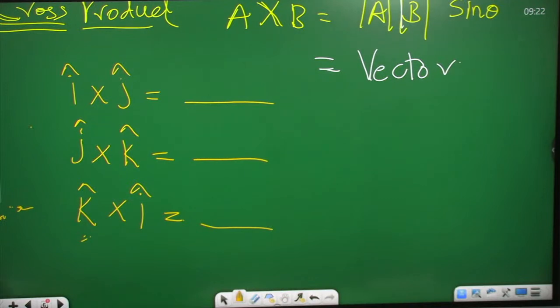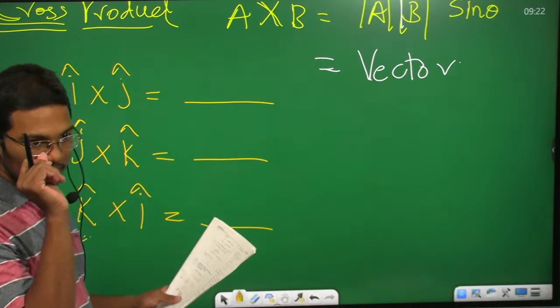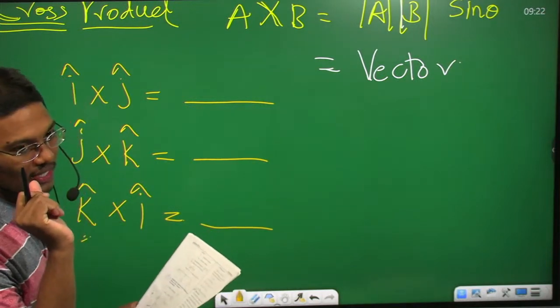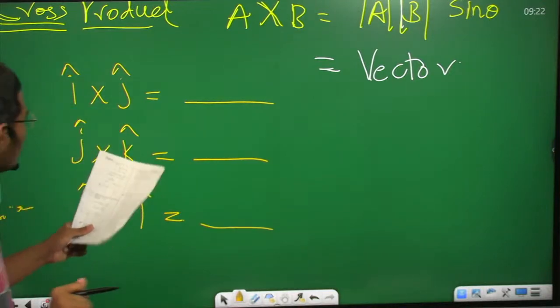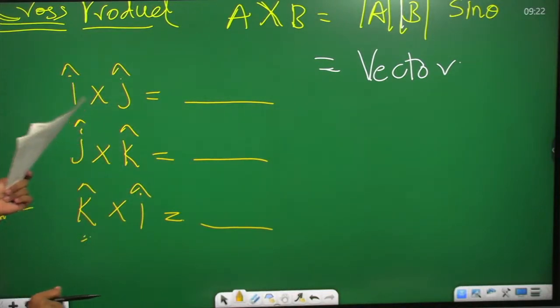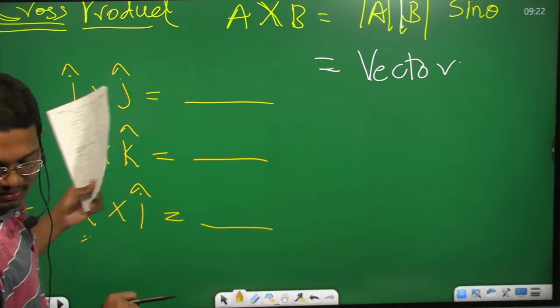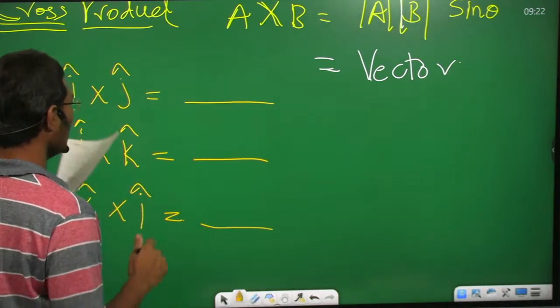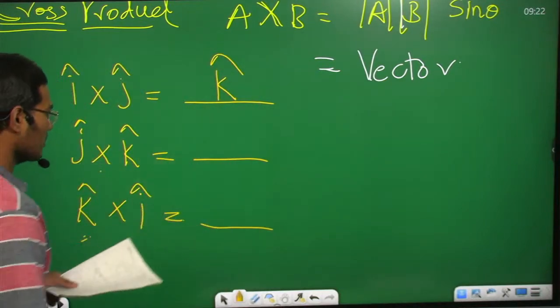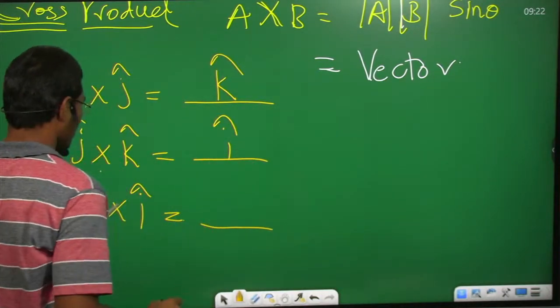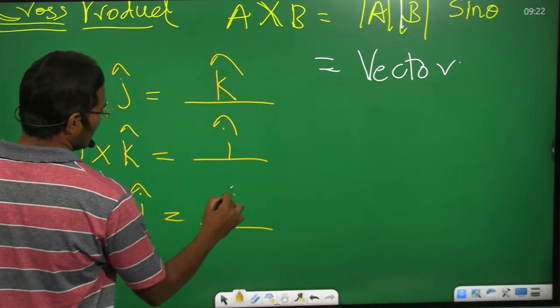People online, people watching on YouTube, please try to comment the answers. How about you guys? I bar cross J bar. What do you get after simplifying? I, J, K, I, J, K. How do you remember?